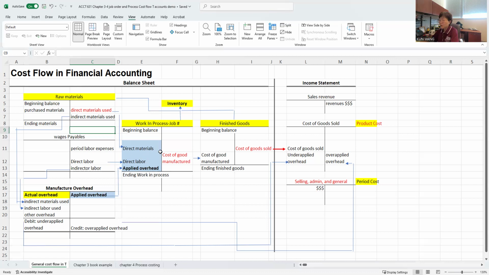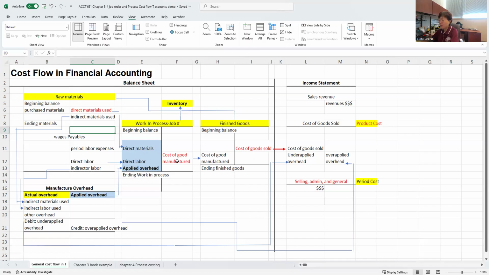And then we'll figure out how many unfinished products, right? Like by the physical count of the units. Lots of technology will help us figure out the unfinished or ending working process. So beginning working process, add all of the current manufacture cost, minus the ending working process.